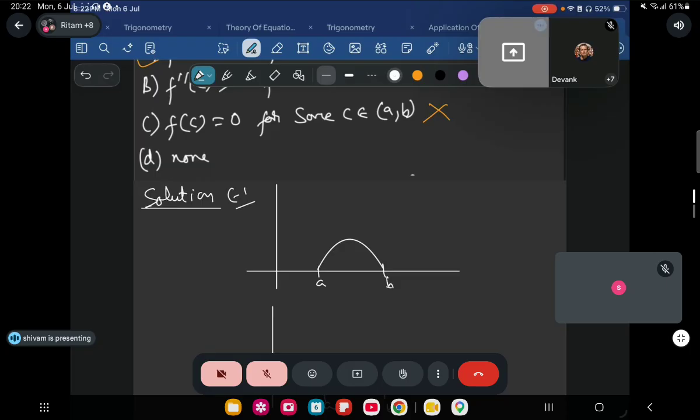Tell me, Aisha, Devatri, Raktim, Ritam, Devank. For some value of c, it is concave upwards, right? Rakto, are you getting it? Tell me, everyone. Rakto, is it clear? Yes. Okay.